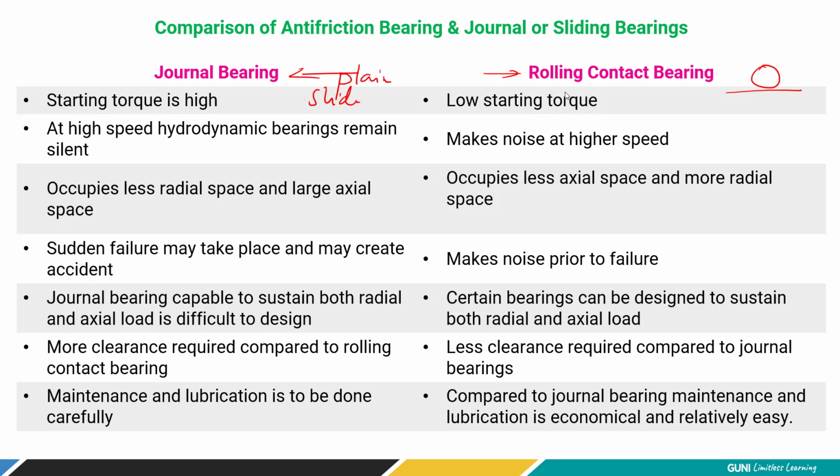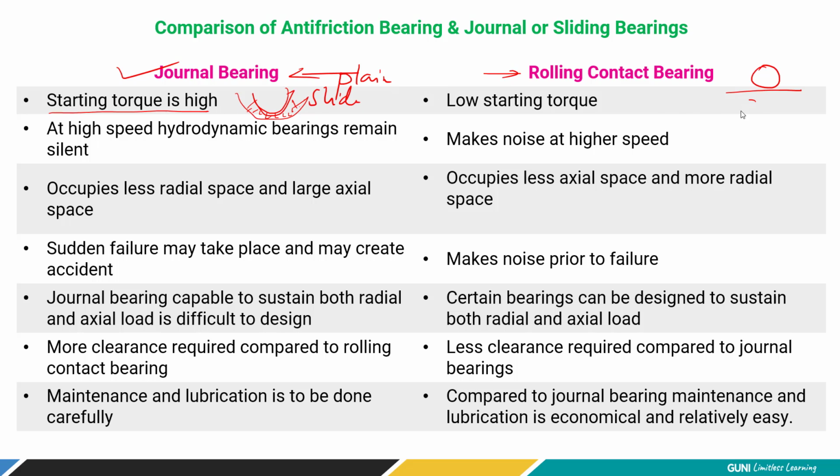Because a bearing is designed to offer minimum friction in rotation, right? If you choose the general bearing, its starting torque is very high because the surfaces of the shaft and the bearing have a very good amount of contact area, right? So initially, to give the motion, it requires very heavy torque.